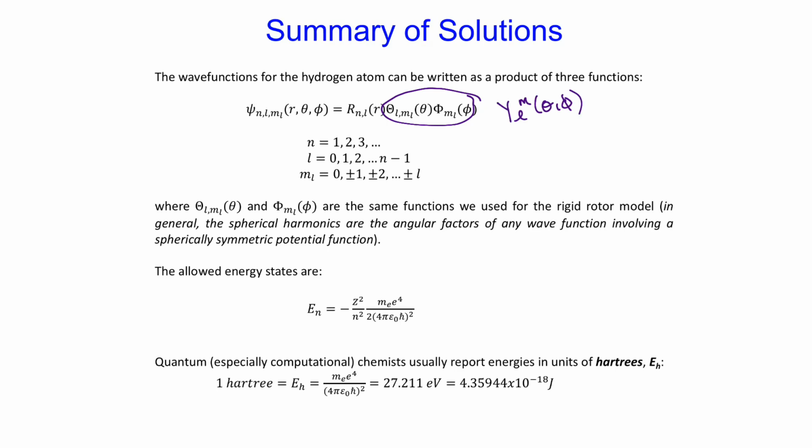And then you'll also see in solving the Schrodinger equation that we end up with allowed energy states that, again, are dependent on n, so we get those quantized energy states. If you go back and look at your notes from way back at the beginning of the semester, you should see that this equation looks familiar.